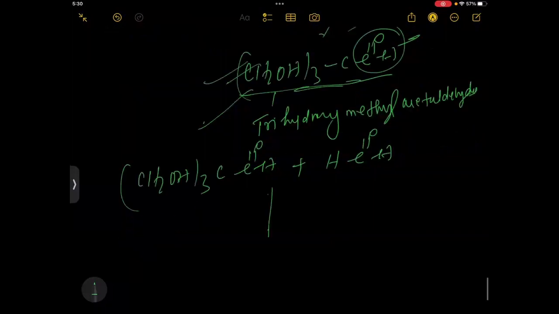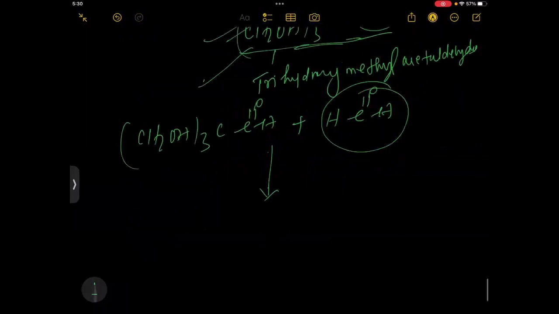So what happens, students? The smaller, more reactive substance will be oxidized. So this will be oxidized and will form HCOONa if you have taken concentrated NaOH, right?